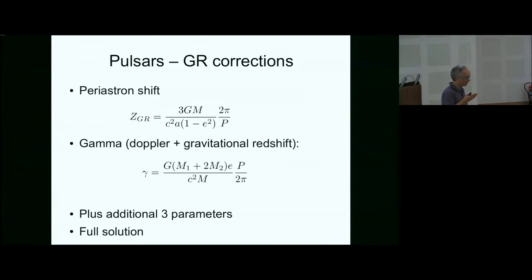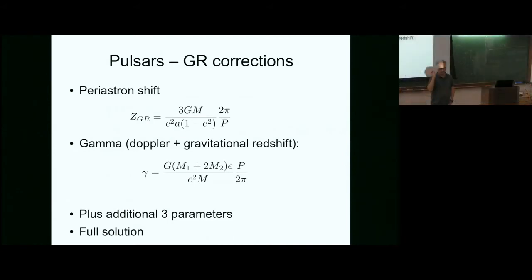Pulsar timing provides us with information on the orbit around the pulsar: we can get the velocity of the orbit, and the shape of the orbit from the time delays.